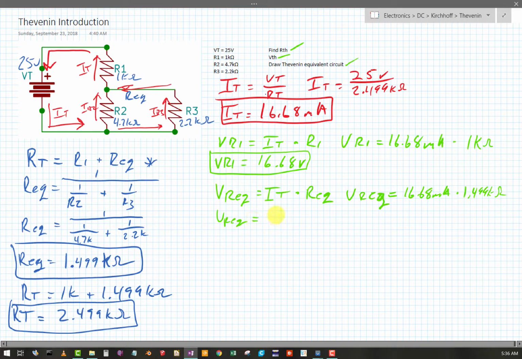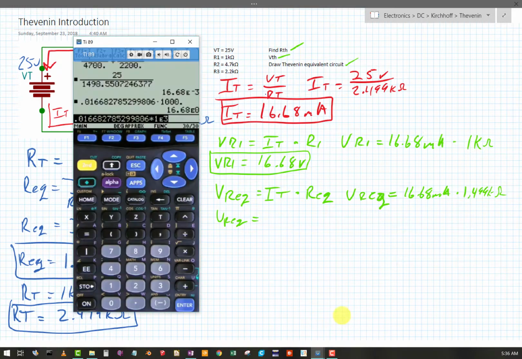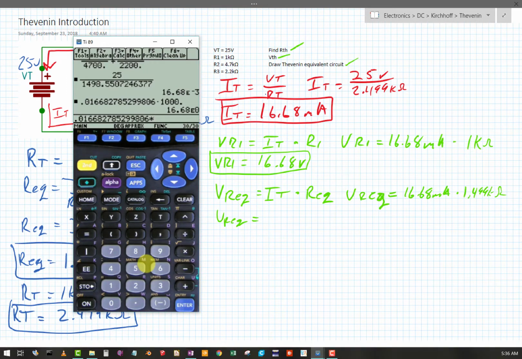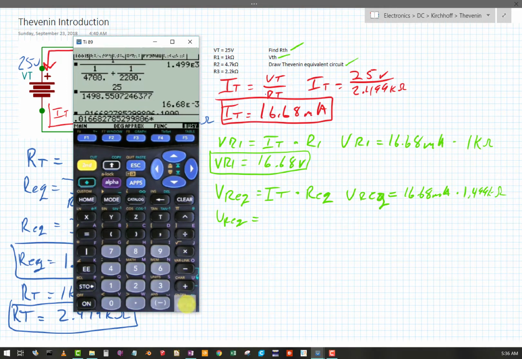VREQ equals, let's just see how it goes. Okay, come on calculator. Let's get that current total times our equivalent resistor, which we found up here someplace. Let's go find it. There it is.